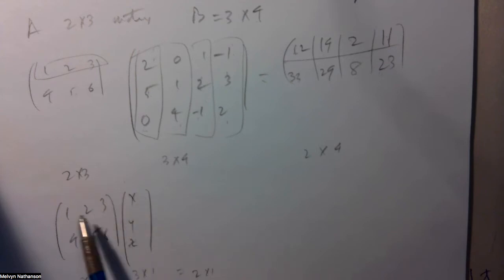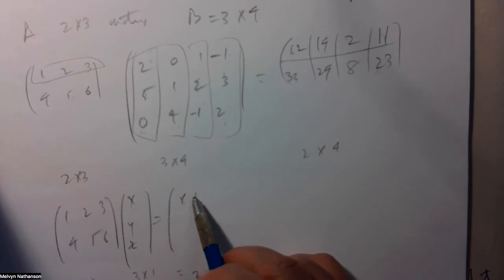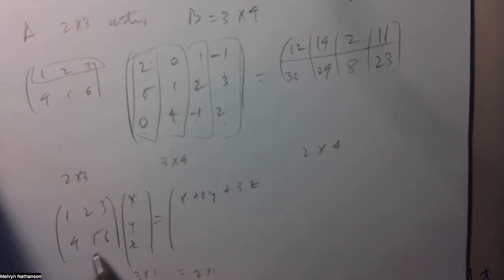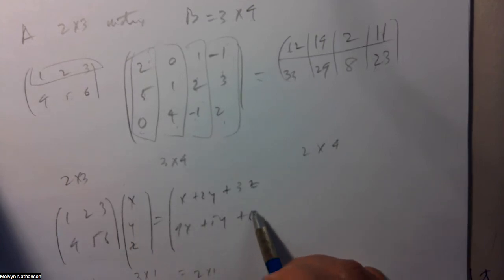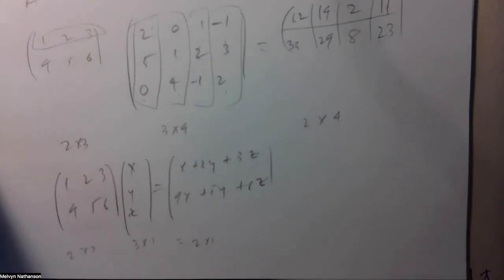Row into column. This is x plus 2y plus 3z. Row into column, you get 4x plus 5y plus 6z. Coordinates can be variables, numbers, anything in the matrix.